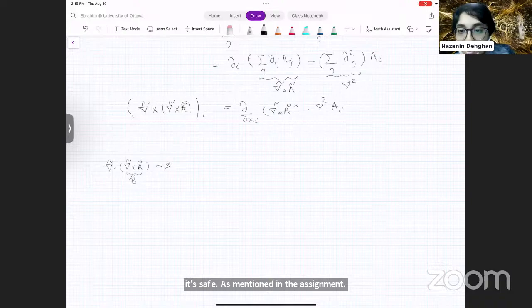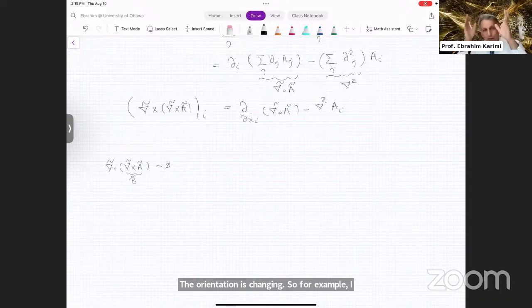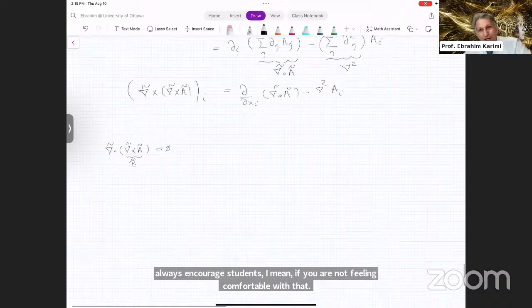Okay, a unit vector is constant in the Cartesian coordinate system. Its derivative is 0, but in another coordinate system, we have non-constant unit vectors whose derivative is non-zero. What is the reason? Because the orientation is changing. I will always encourage students, if you are not feeling comfortable with that, to write in the Cartesian coordinates.